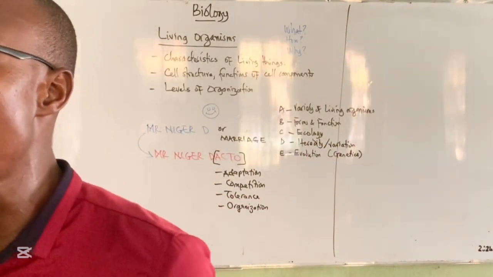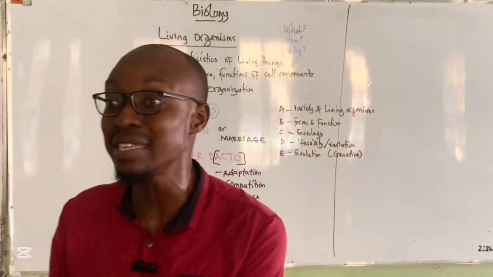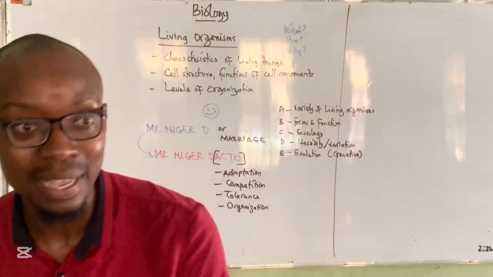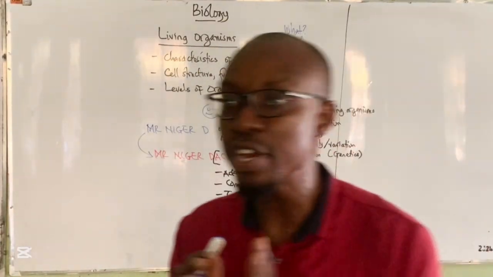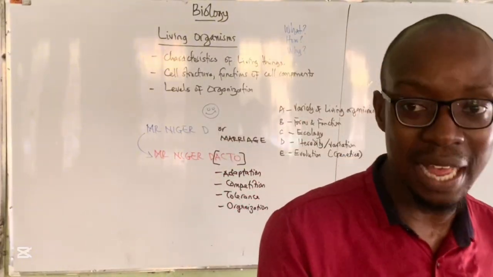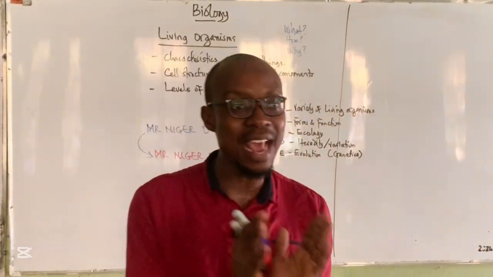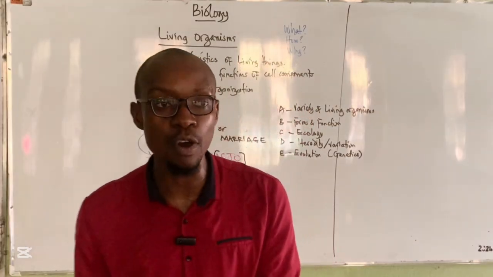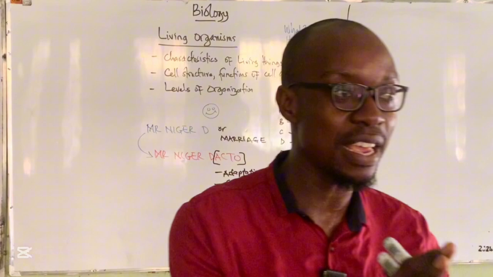That's one. Or you say respiration is the oxidation of food substances in the cell, especially in the mitochondria, with the release of energy, carbon dioxide and water, in bracket if it is aerobic, or with the release of energy, alcohol and carbon dioxide if it is anaerobic.